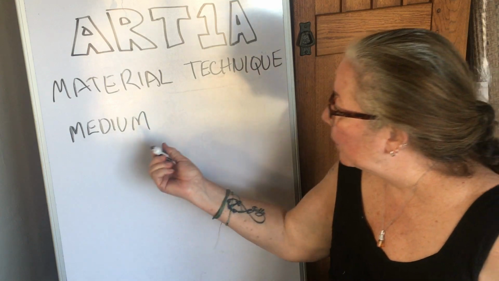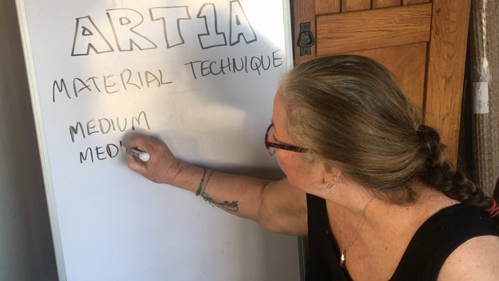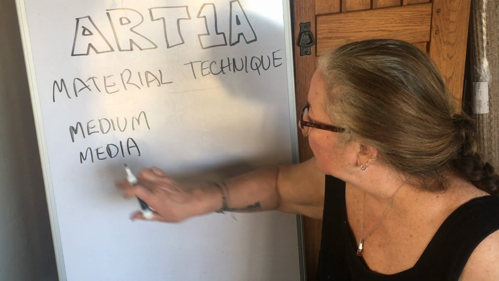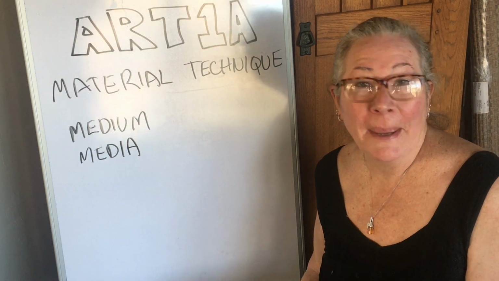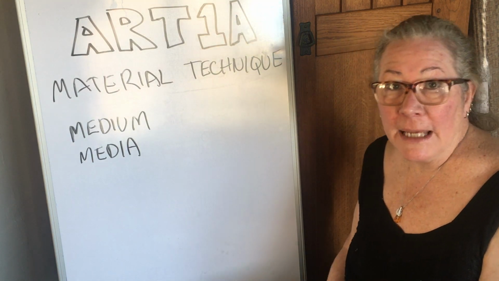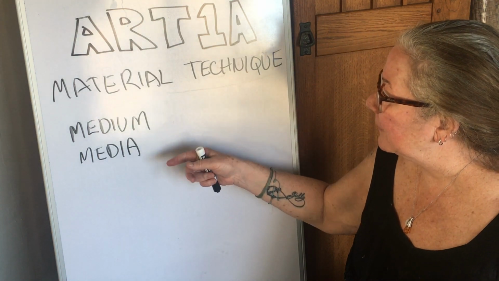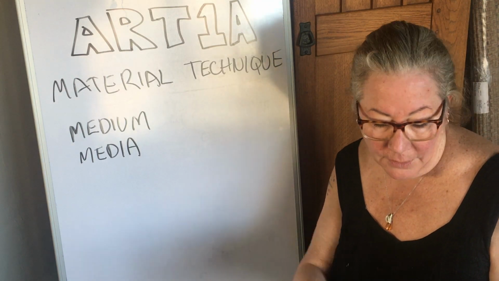So if you're using more than one medium, it is media. Let's say I'm using both a watercolor and a pen when I'm doing a painting. I'd be using two mediums, so that becomes the media. So you'll hear people saying the media.